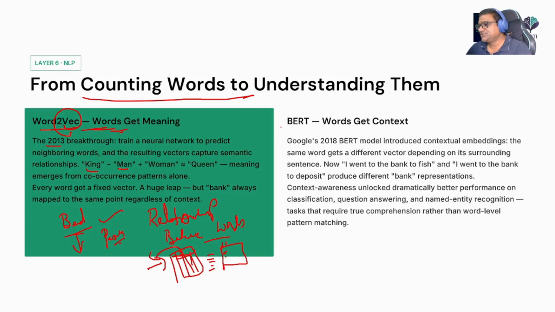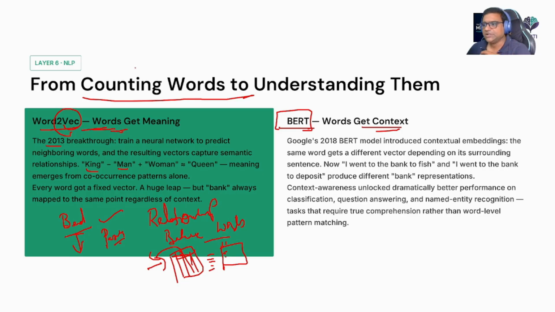Then comes this context thing, BERT. This was developed by Google. BERT is a transformer-based algorithm that introduced contextual understanding.